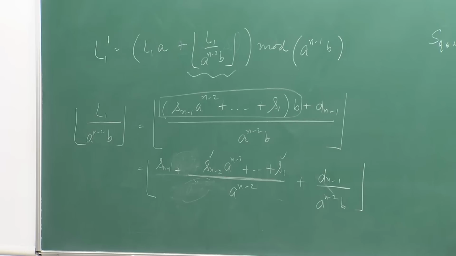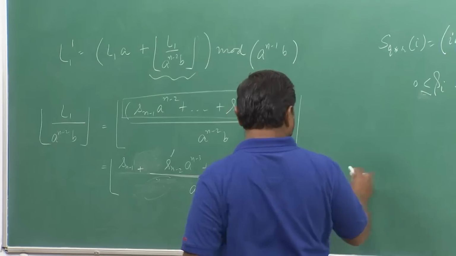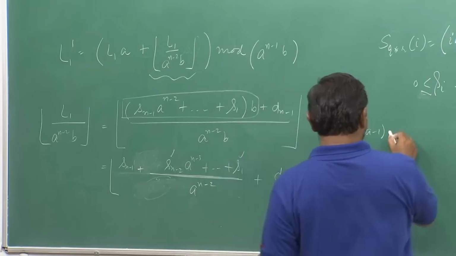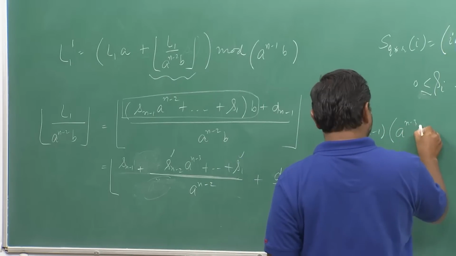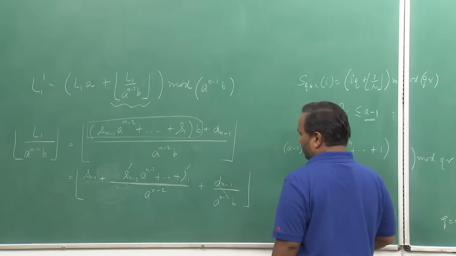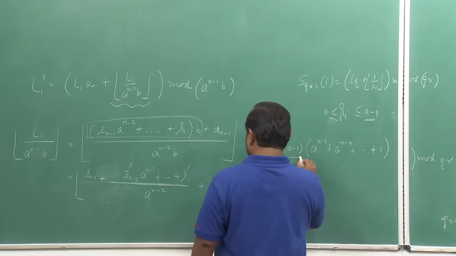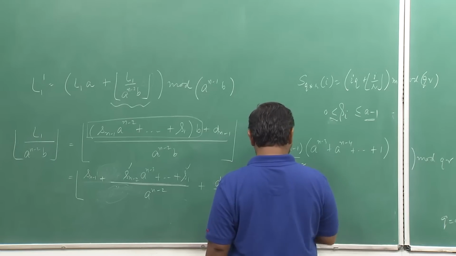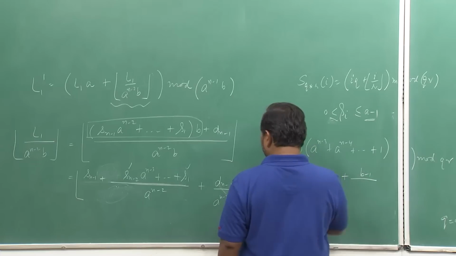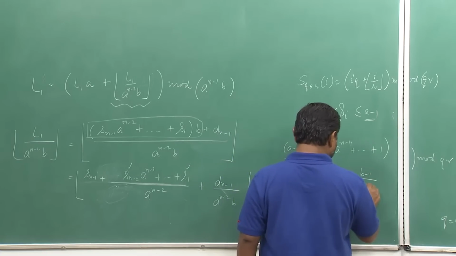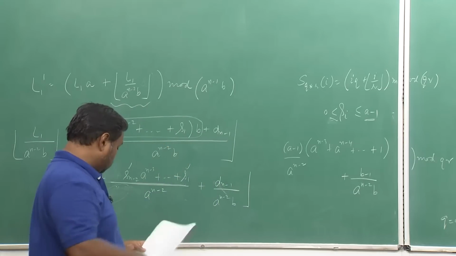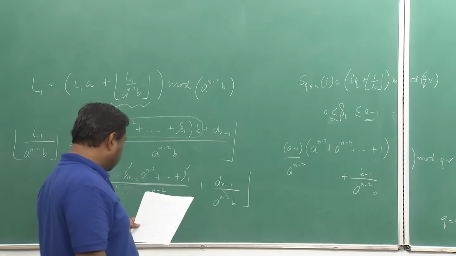so for this part we will have a minus 1 which will be coming as it is out, plus a raised power n minus 3 plus a raised power n minus 4 plus 1, divided by a raised power n minus 2, plus b minus 1 which is the largest value here, okay.